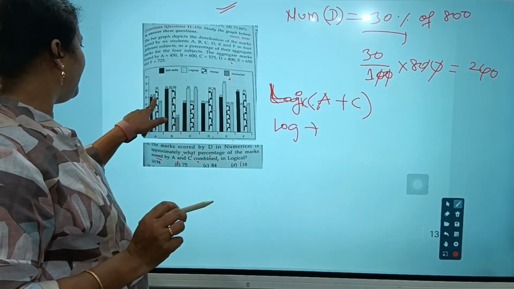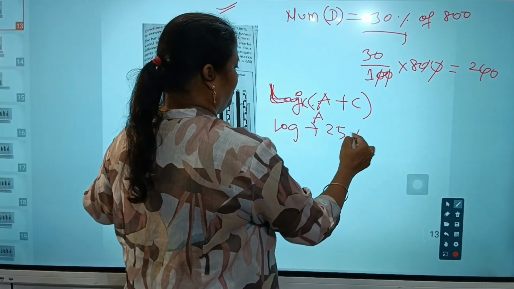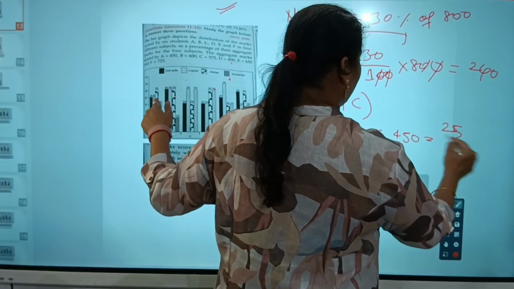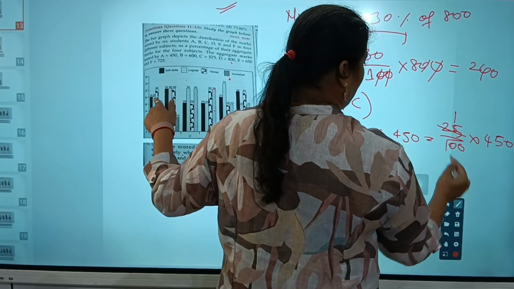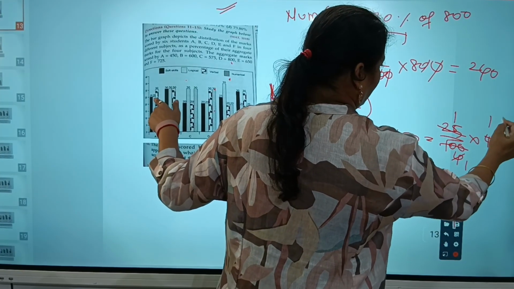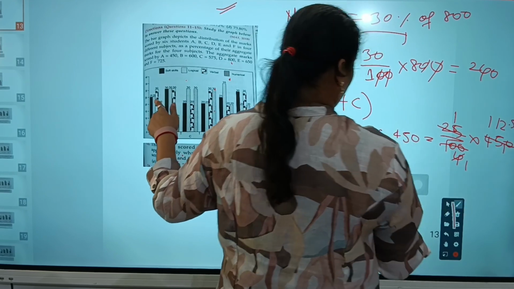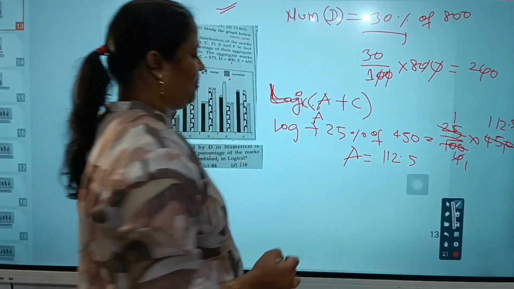Logical means this second layer, 25% of 450. 25 by 100 into 450. So A got logical marks 112.5.